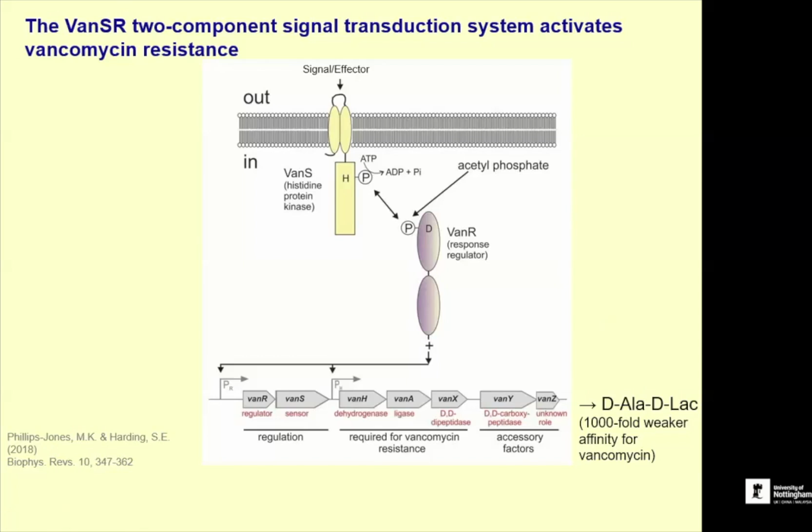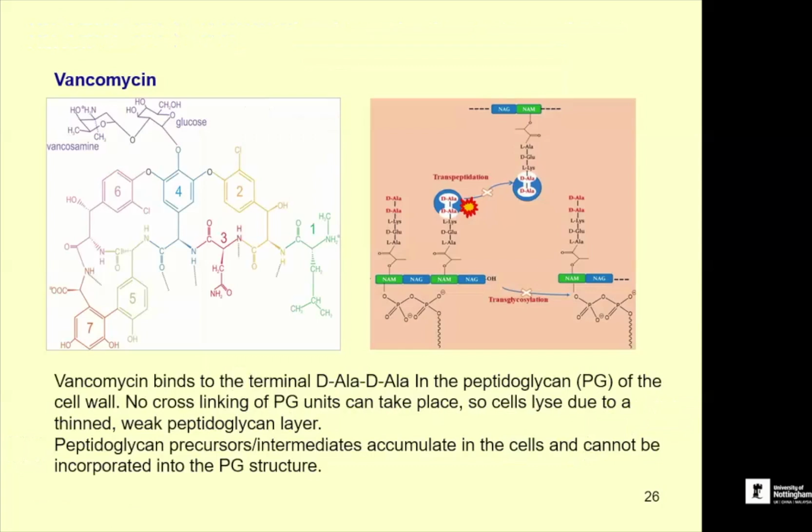It loses a hydrogen bond, and the result of just the loss of one hydrogen bond is that binding by vancomycin is 1,000-fold reduced. So the bacterium is home and dry, resistance through putting diala-D-lactate into its cell wall instead of diala-diala, and vancomycin can no longer effectively bind. And the bacterium is free to grow, multiply, etc., free from vancomycin. So that is the resistance.